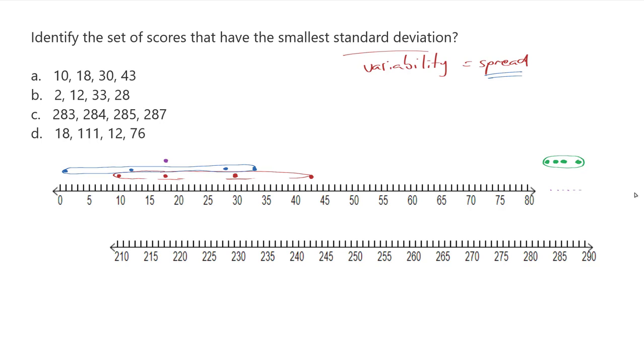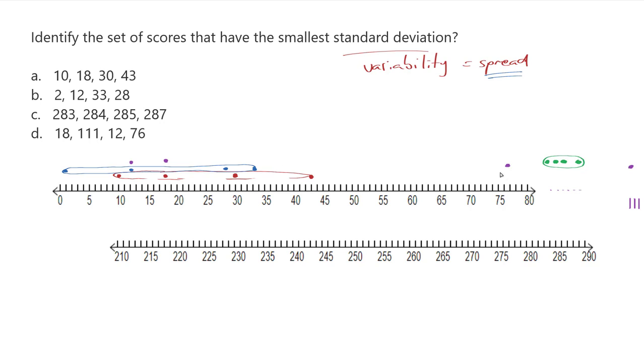It would be off the scale. So I'm just going to pretend that 111 is way out here, because I think this is pretty obvious. This is going to easily be the most spread out set of numbers. And then I've got an 18, and there's a 12, 10, 11, 12, and finally a 76.